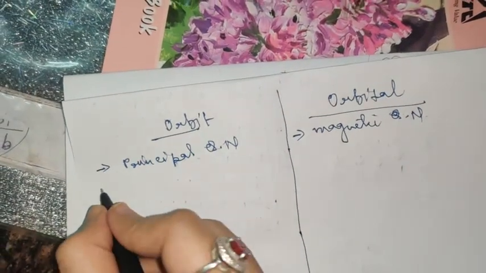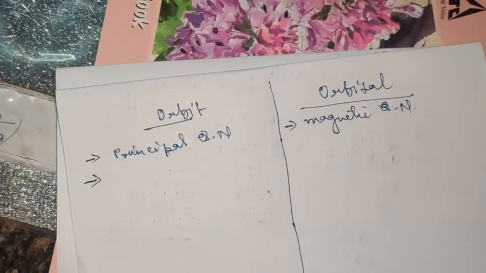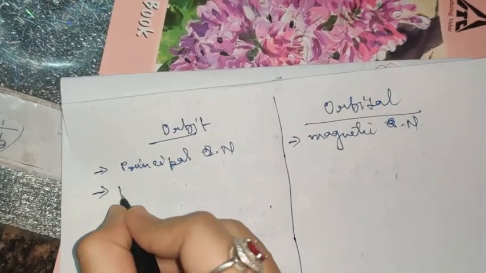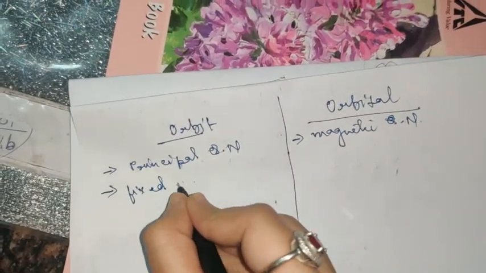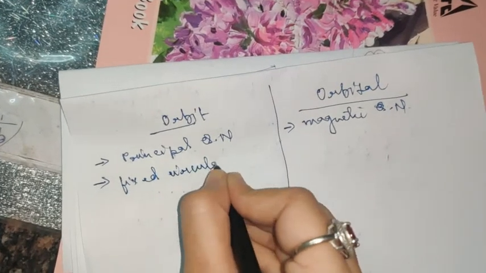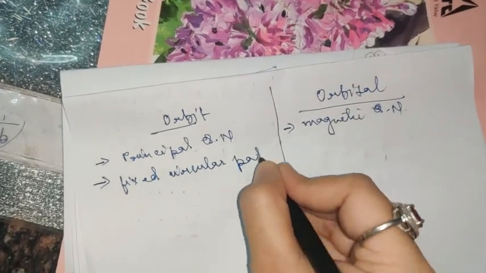Then orbit is what? Orbit is a fixed circular path. Keep on writing with me, children.